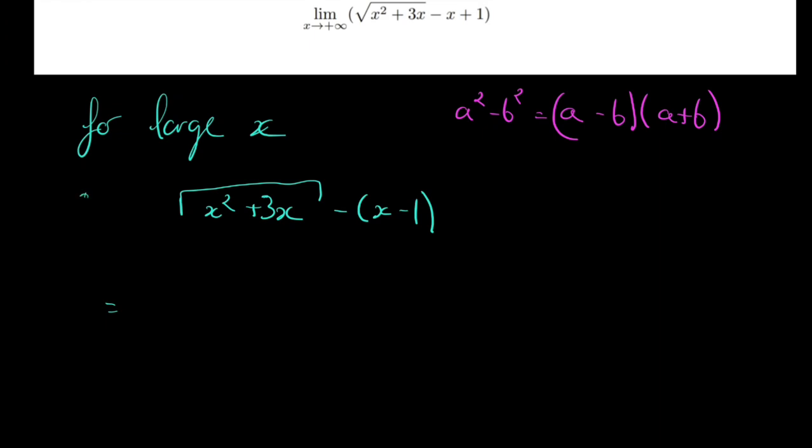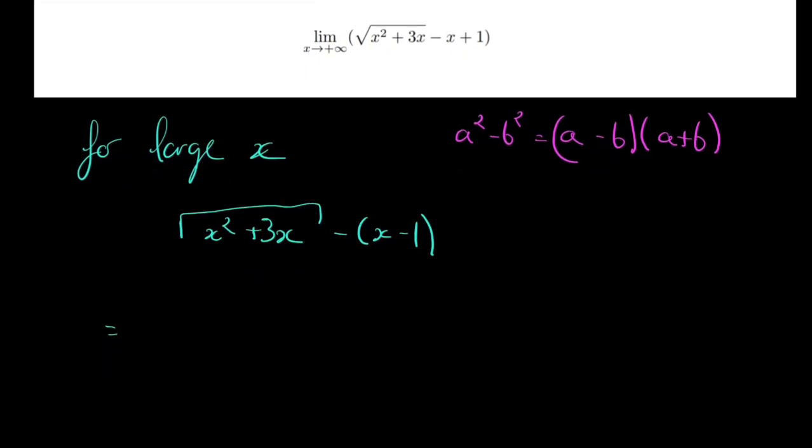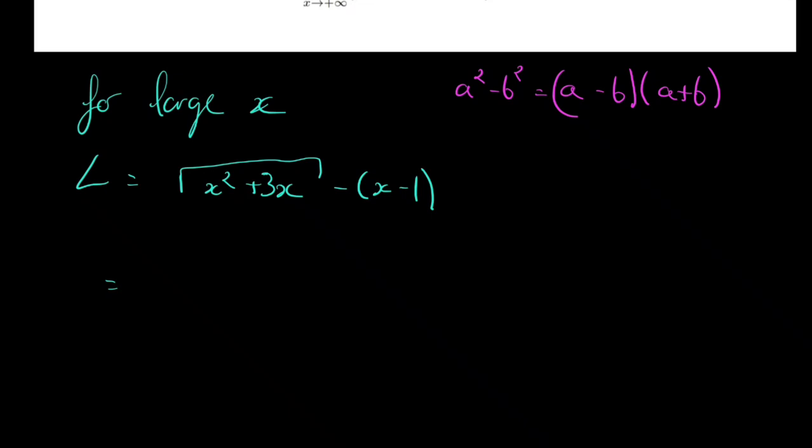So let's call it, oh, this is a very bad name. Let's call it L as limit, or f of x. Okay, f of x. I will multiply on both sides by the complement to this.